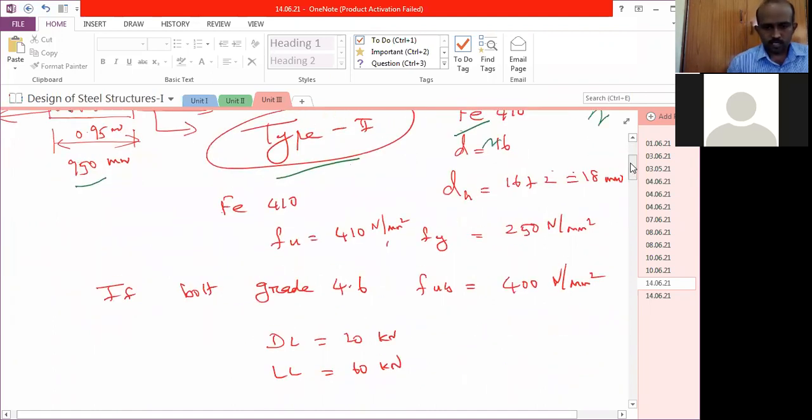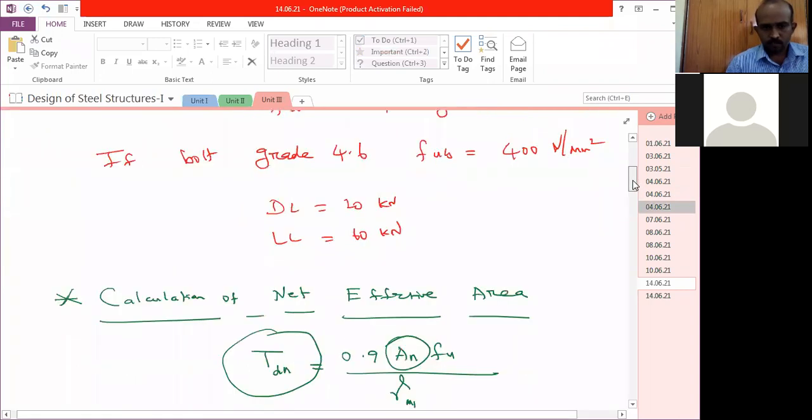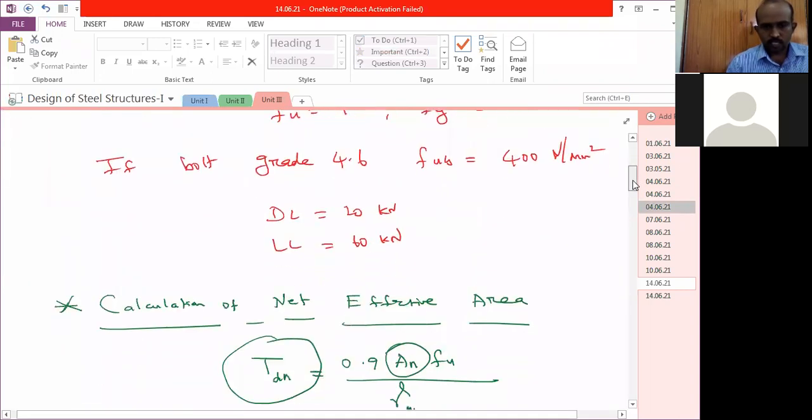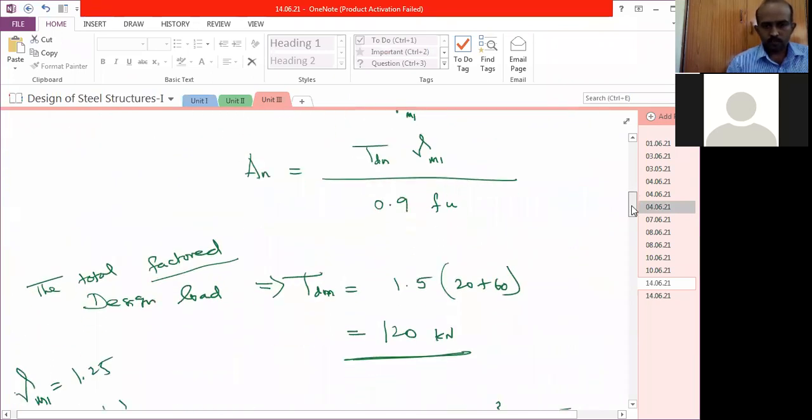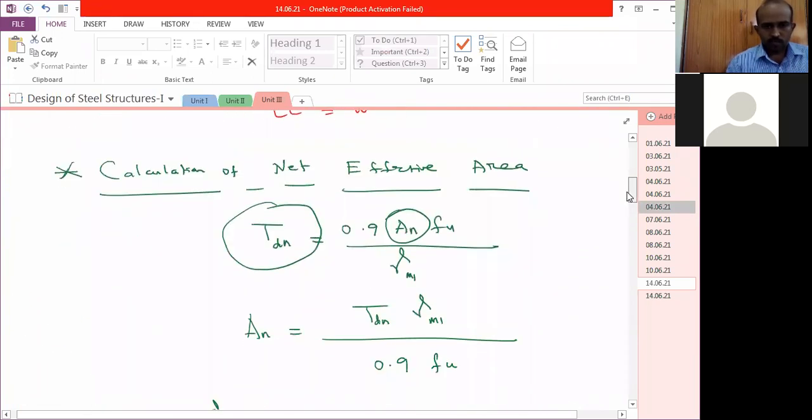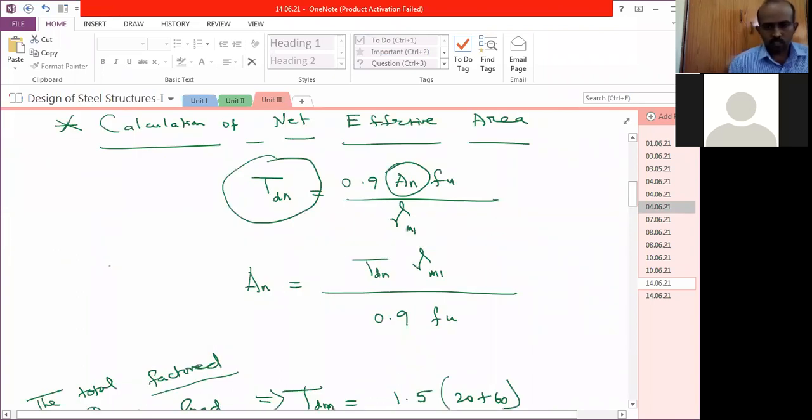So we have written the given data, the basic data needed for the problem, and we have to calculate. Only one difference I have mentioned. What is the difference? In the type 1 problem, the load will not be given, but the area will be given.